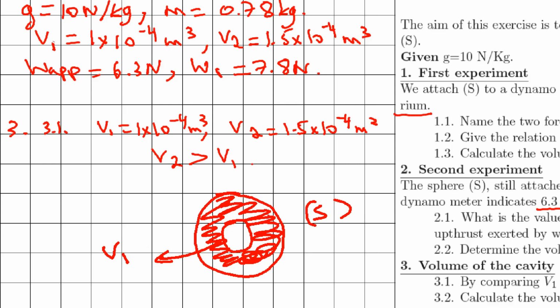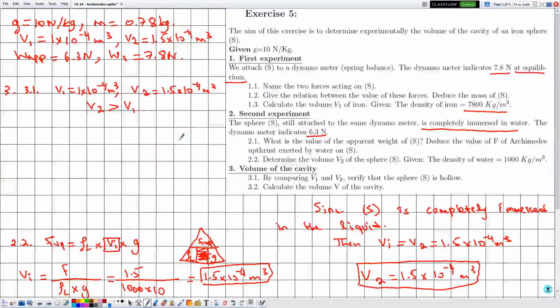So what does V2 represent? V2 represents the total volume of the sphere S. For this reason, V2 will be greater than V1 due to the cavity present inside the sphere S. So verify that the sphere S is hollow.